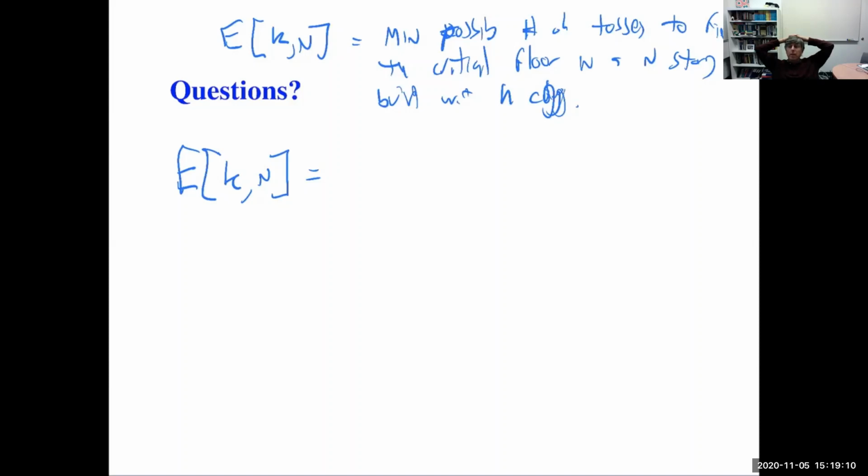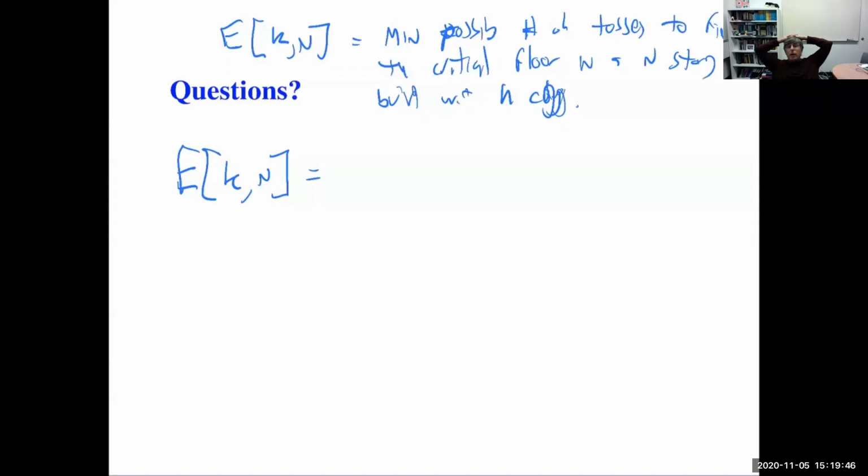Anyone have an idea? The first floor. Well, you're telling me that the best strategy is to toss the egg off the first floor. That's certainly not the right answer, because we saw that if k was n, it paid for the first toss to be in the middle. So it was like a binary search. Okay.